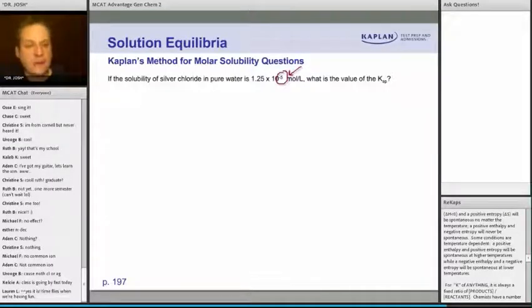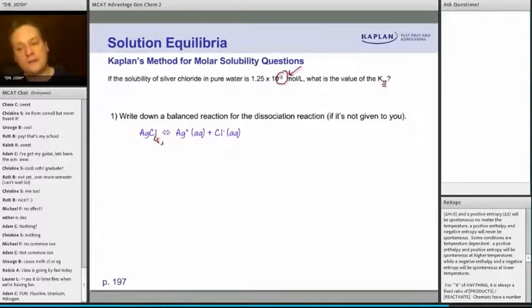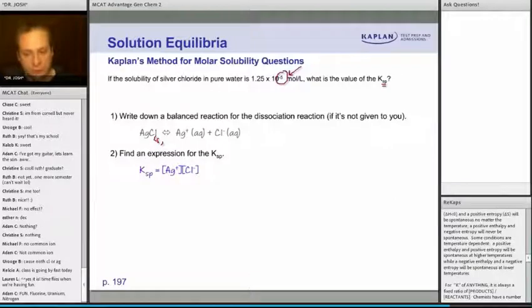So the solubility of silver chloride in pure water is 1.25 times 10 to the negative fifth. What's the value of KSP? Step 1, write our balanced dissociation reaction. Since it's KSP, we know we're taking solid silver chloride, and we're making silver and chloride. Step 2, find the expression.